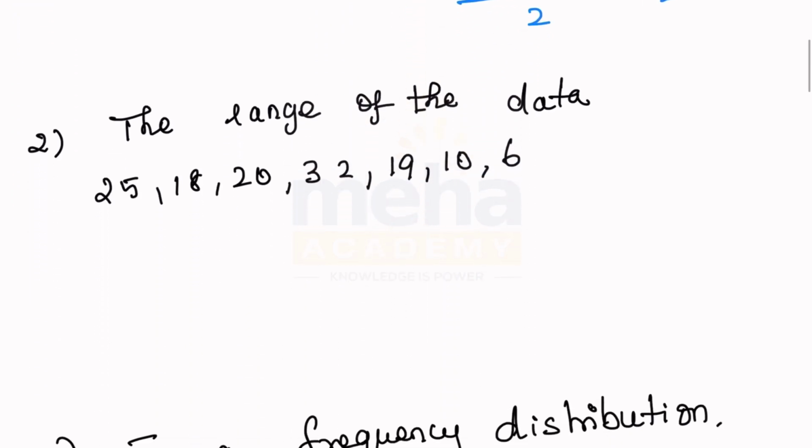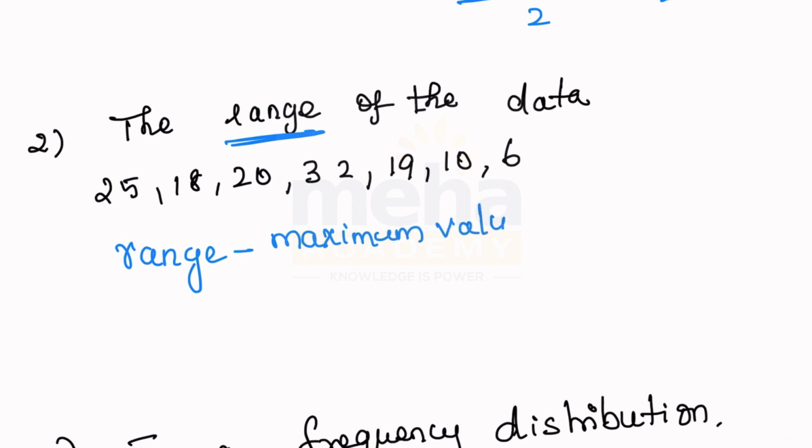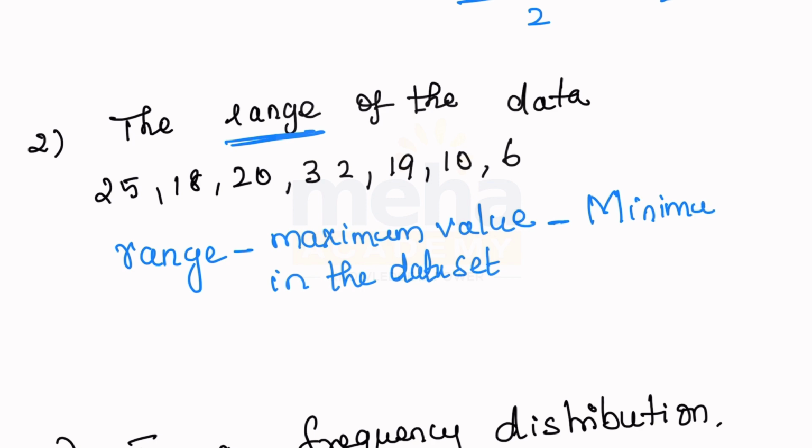Second question. The range of the data in the given data set is. To find the range, the formula is: range is equal to the maximum value in the data set minus the minimum value in the data set.